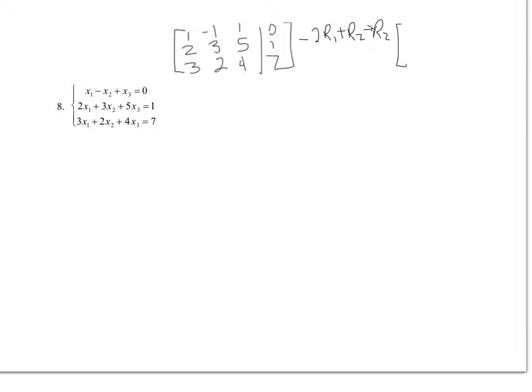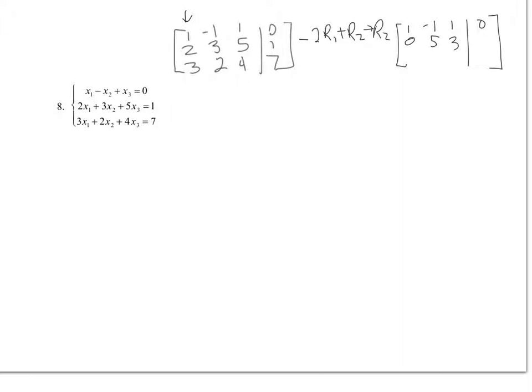Alright, so top row is still 1, -1, 1, 0. My middle row now will be -2 times 1 is a -2, and -2 plus 2 is 0. -2 times, move to the middle column, -2 times -1 is a +2, 2 plus 3 is 5. -2 times 1 is a -2, and -2 plus 5 is a +3.